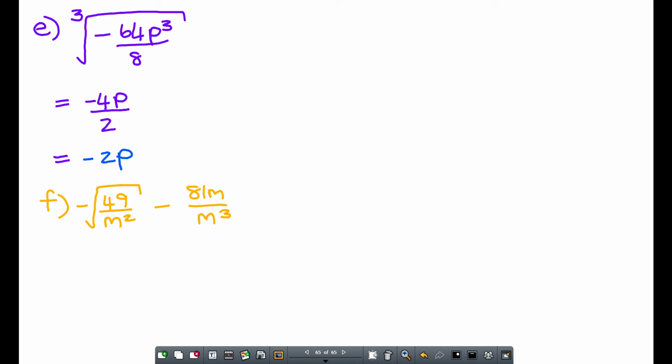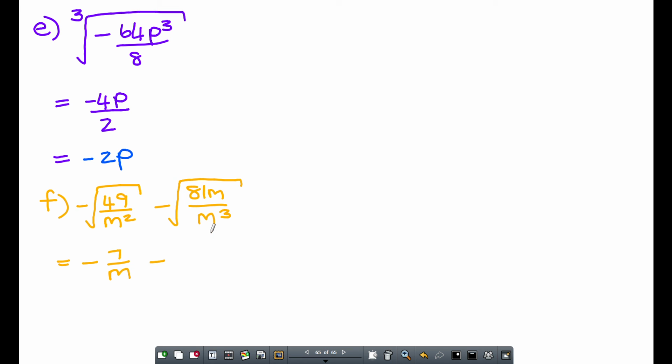Okay, right. So, let's look at the first part. The negative will stay. Square root of 49 will be 7 over square root of m squared will be m. Then minus. Now, I can get square root of 81. But can I get square root of m?